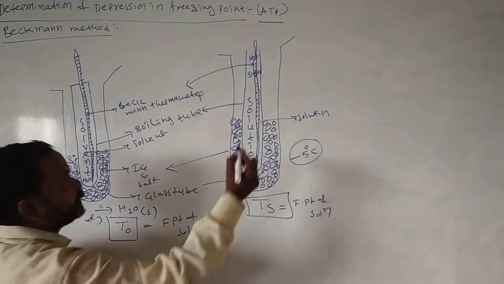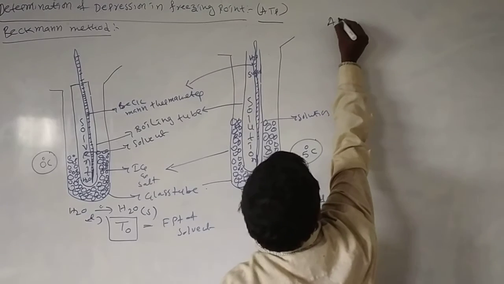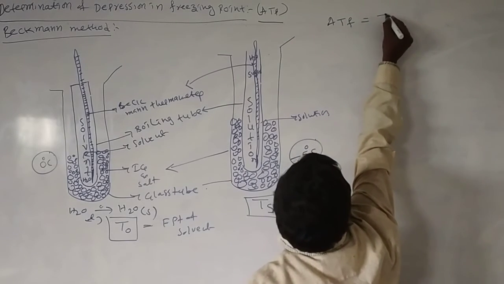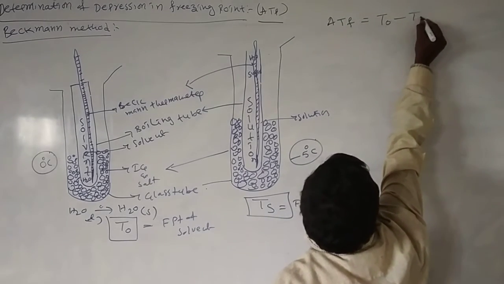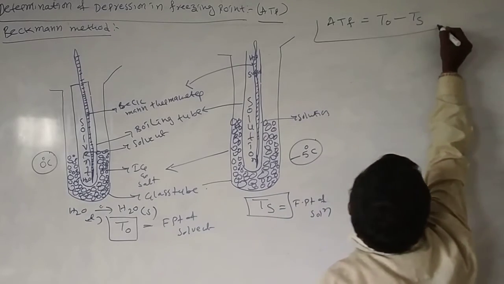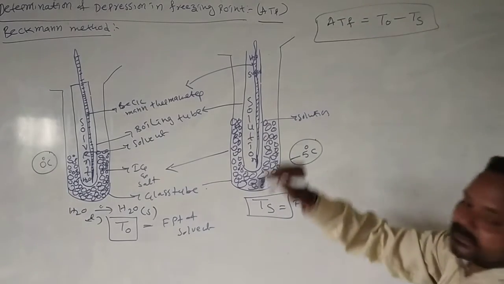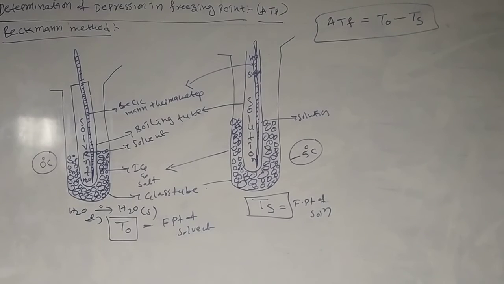What is the depression in freezing point? Delta TF. Which is more? T0 is more, and here TS. This is the principle for the calculation of depression in freezing point.